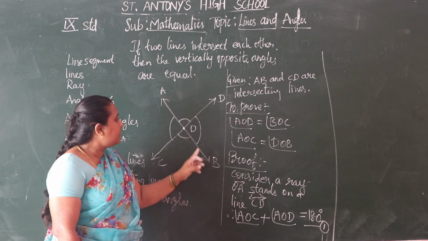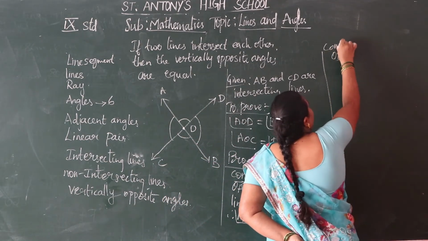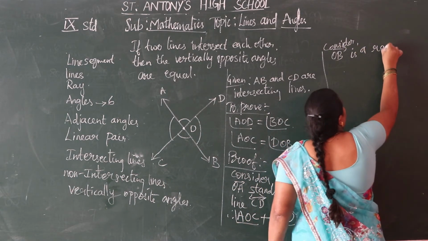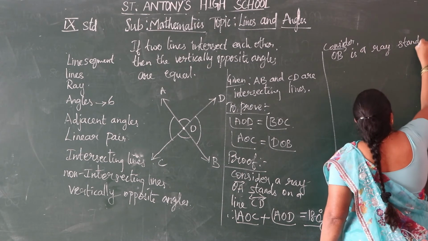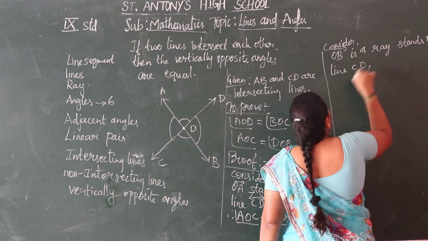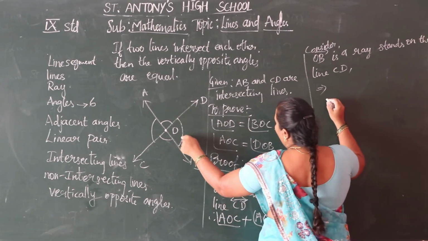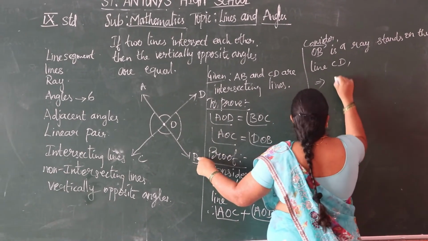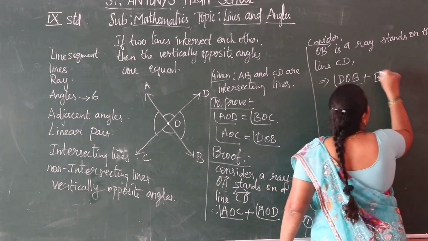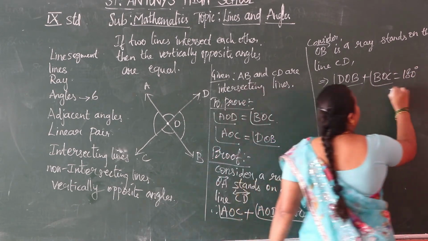Here we have angle BOD, or DOB. So DOB plus BOC equals 180 degrees by linear pair of angles. This is equation number 2.